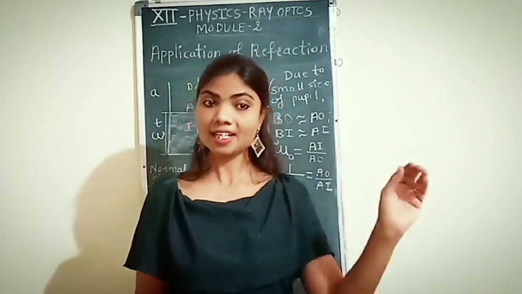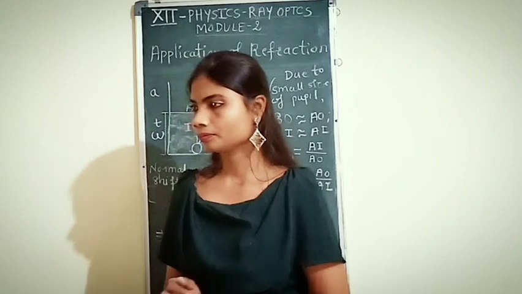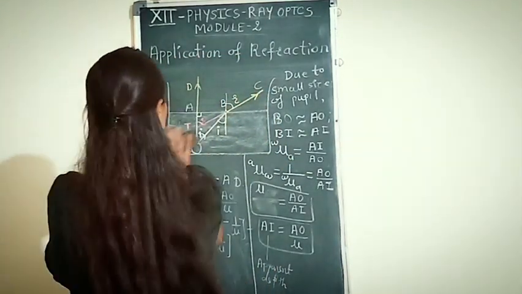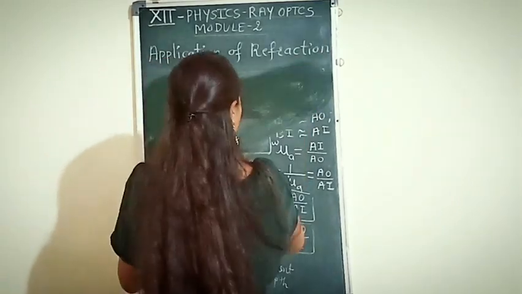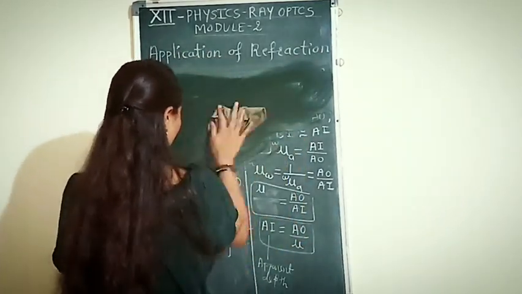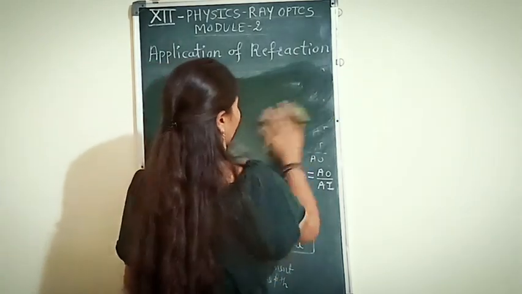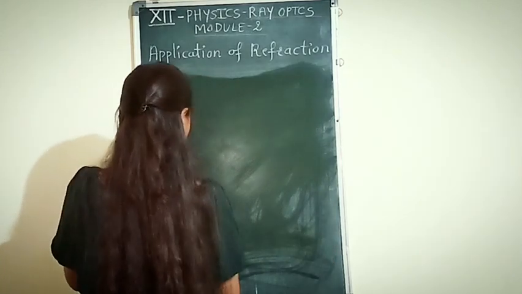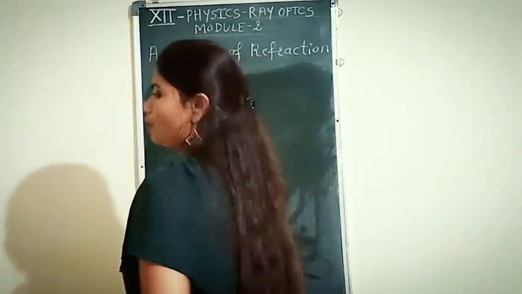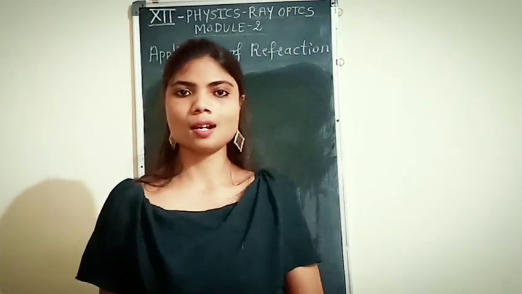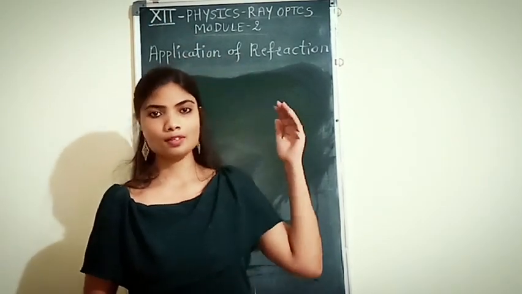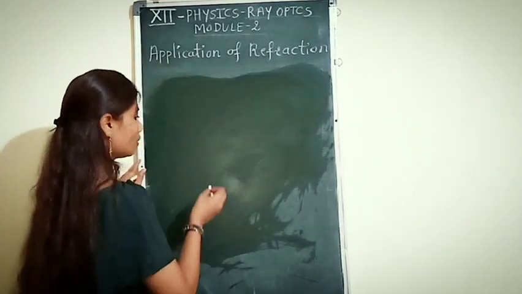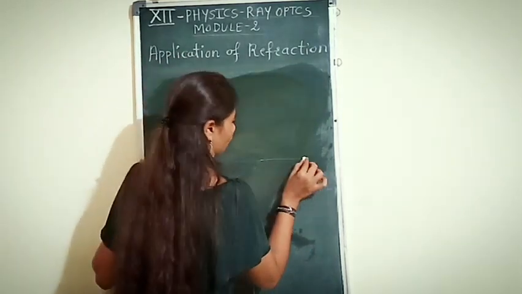Any ray coming from the sun is traveling every time, layer by layer, from rarer to denser layers of air, and every time it will bend towards the normal.